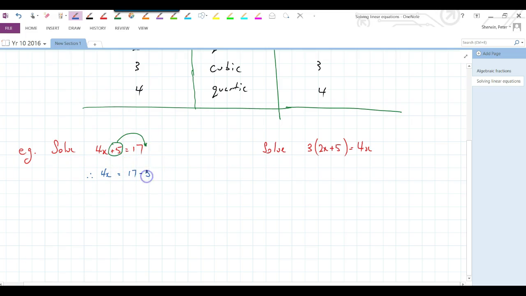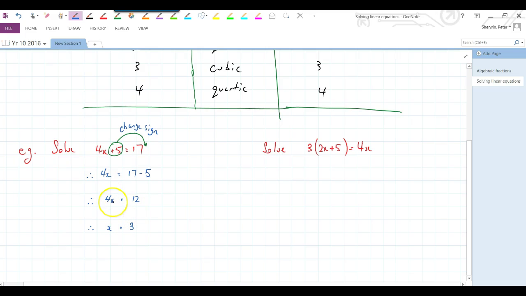So it changes sign when that happens. Change sign when you change side is the way it's said. This makes things easier for us, because now I've just got 4x on the left and 12 on the right, and the last step is to divide both sides by 4 and get x equals 3.